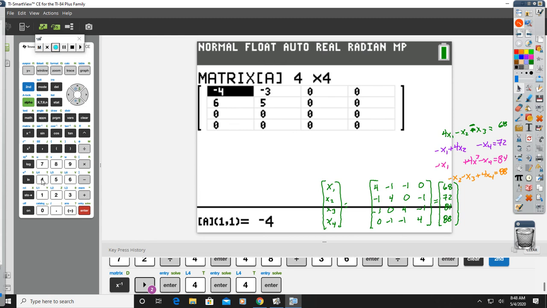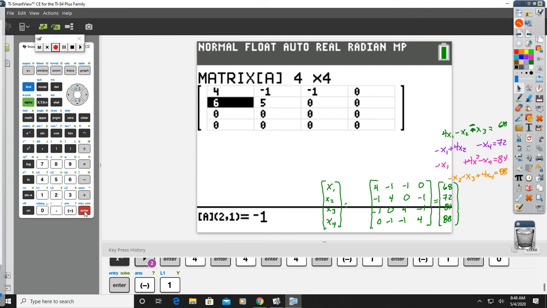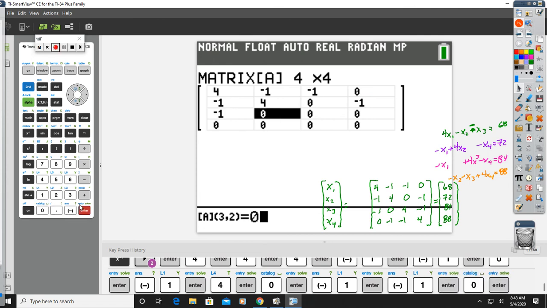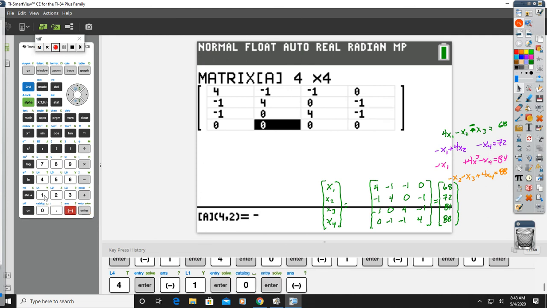So first one is 4, negative 1, negative 1, 0, negative 1, 4, 0, negative 1, negative 1, 0, 4, negative 1, 0, negative 1, negative 1, and 4.